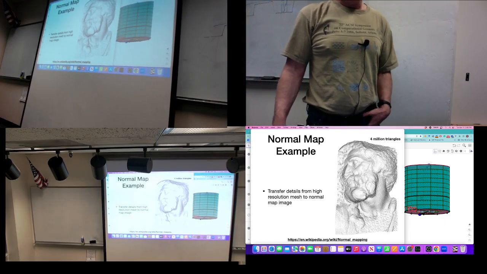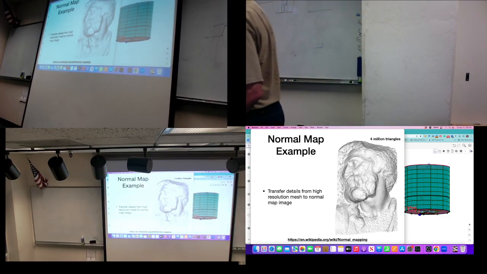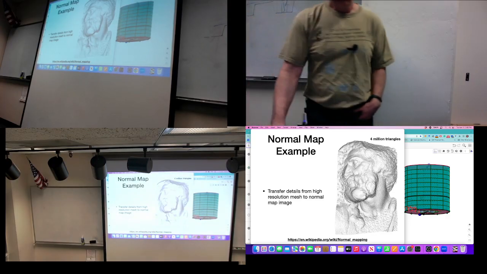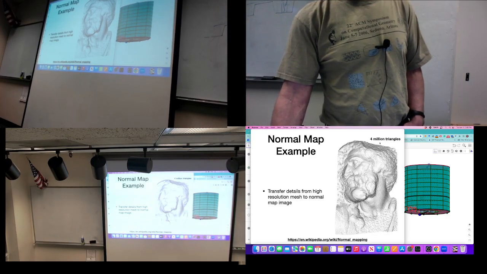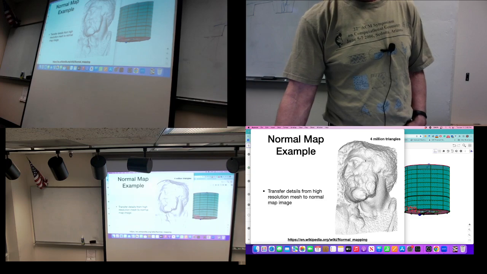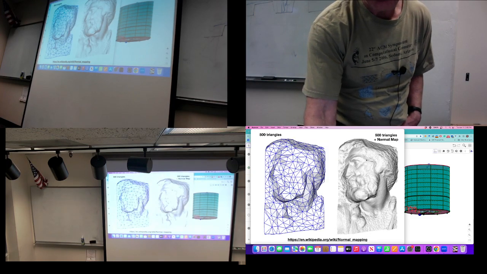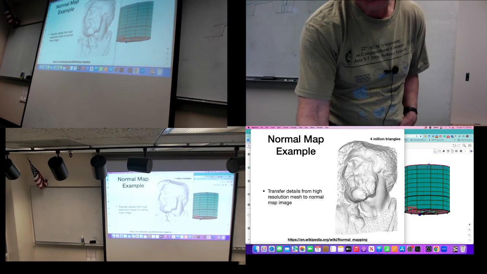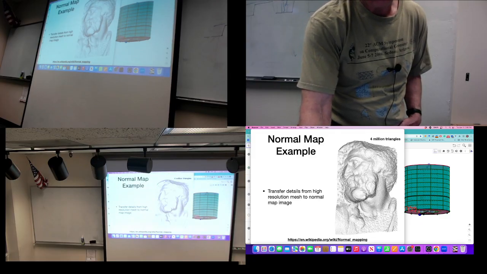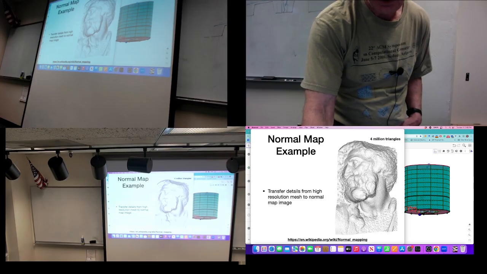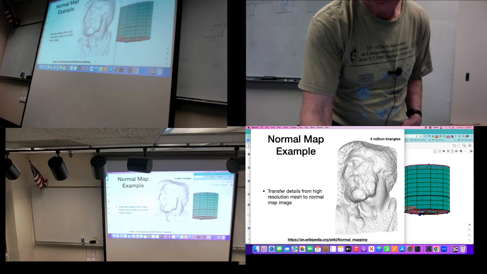More examples of why to use normal map. 4 million triangles. A team from Stanford went to Italy to laser scan in enormous resolution all the Michelangelo statues. So I think that's from there.